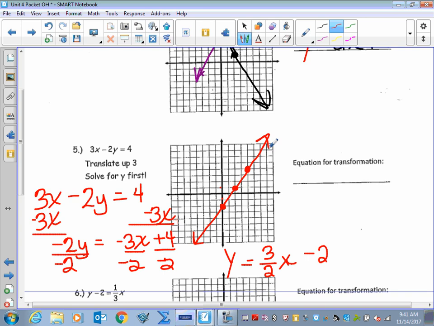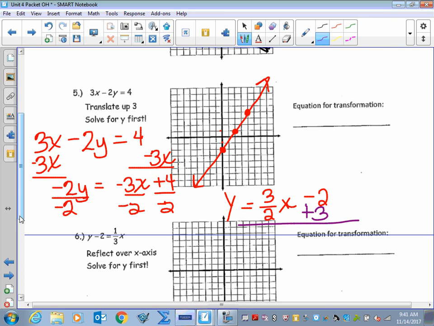So that means I'm adding 3 to the y-intercept. So when I do that, my new equation will be y equals 3/2 x plus 1. So now I'm going to start at positive 1. I'm going to go up 3 over 2. Up 3 over 2.